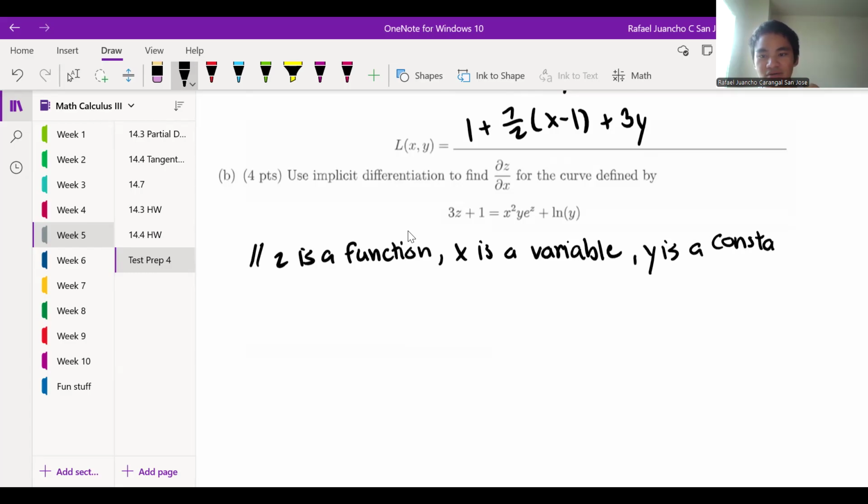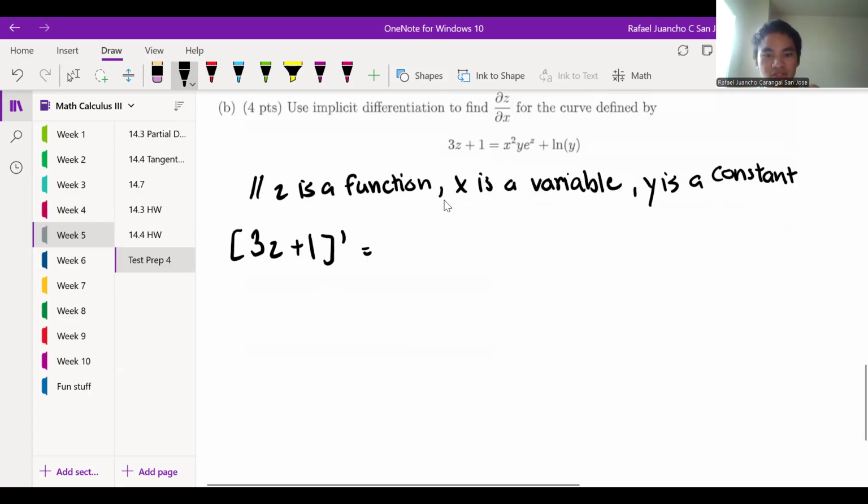And so I treat it that way because I'm doing partials here. So let me just take the derivative of these two things. If we take the derivative of that, we get 3 and then my partial of z with respect to x. Yeah, that's it.